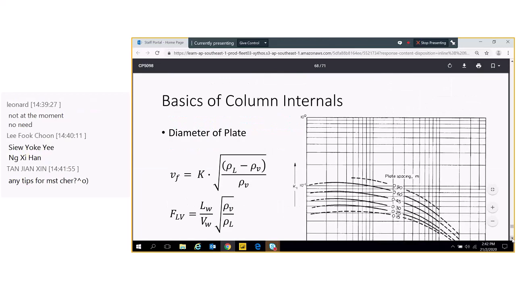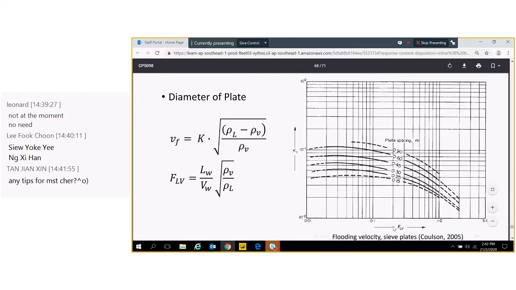And this one I already explained this morning. If you increase the spacing, let's say the K factor is here. If your spacing is 0.30 meter, increase it to 0.60 meter, your K factor becomes bigger, your VF will increase.